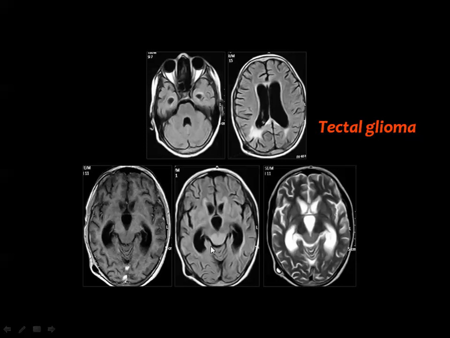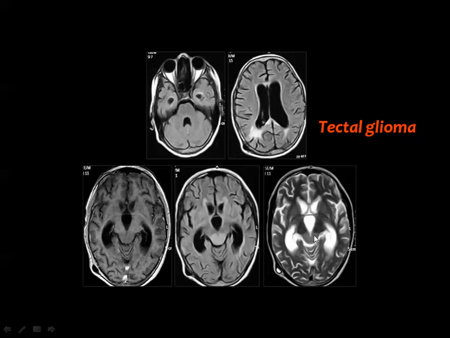In the anatomy, you know that this is the quadrigeminal cistern. And the quadrigeminal cistern borders the tectum of the midbrain posteriorly. Then you see this area of abnormal signal, which is of a little low signal in the T1 and high signal in the FLAIR image, as well as in the T2 weighted image. And this is tectal plate glioma.